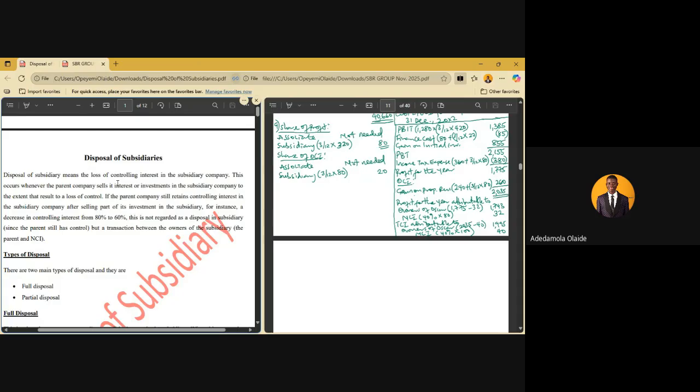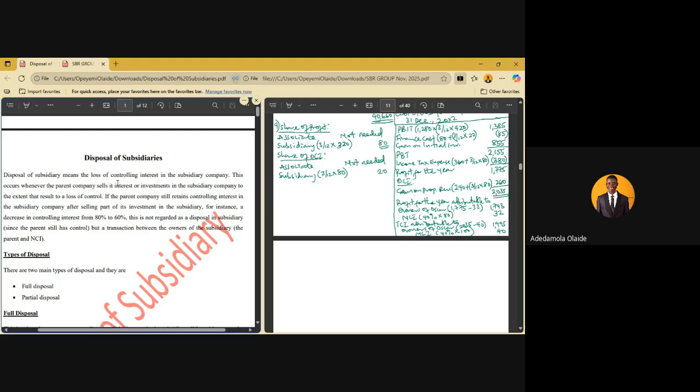It is usually when they sell their interest in the subsidiary. Usually the parent company decides to sell part of their interest in the subsidiary.